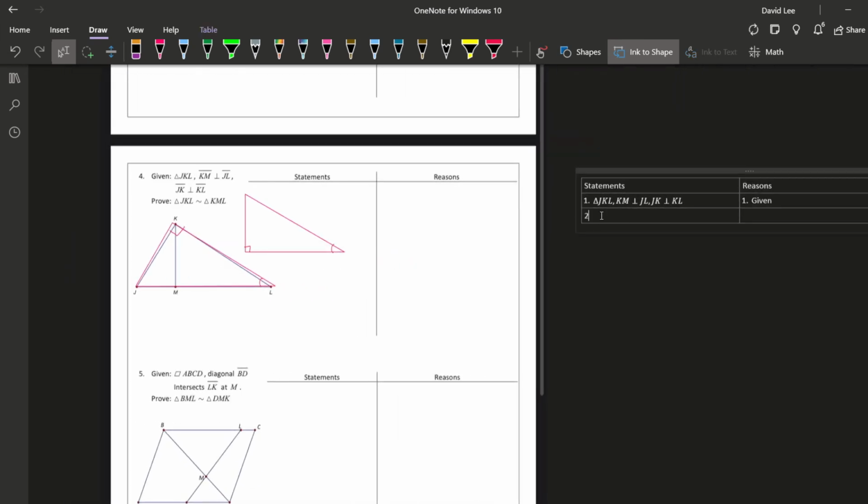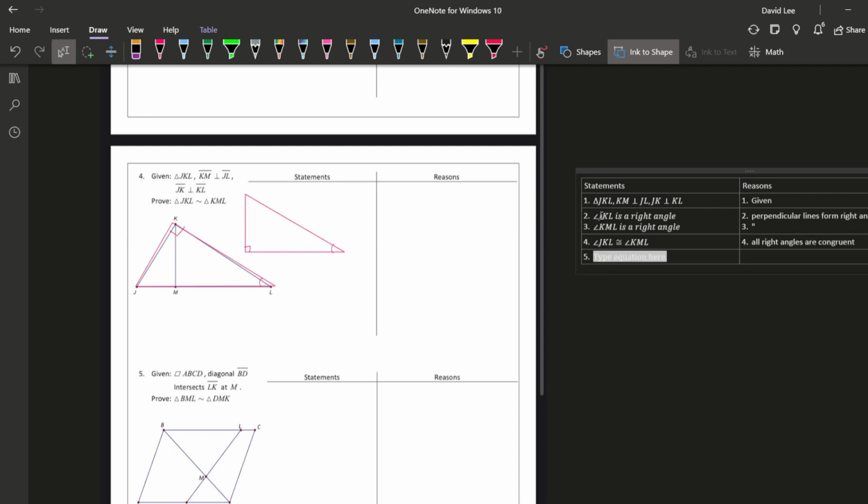So, yeah, let's write this out. So we have angle. We'll do the right angles first. We have angle JKL is a right angle, and then I have angle KML is a right angle. This is because perpendicular lines form right angles. Same for both. And then I can say angle JKL is congruent to angle KML because all right angles are congruent.